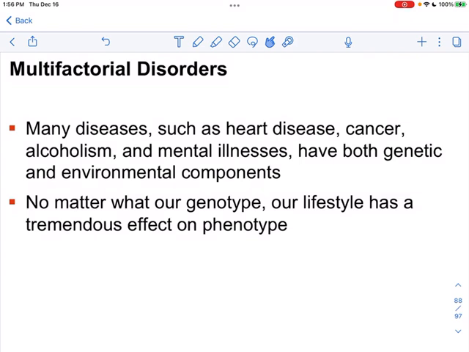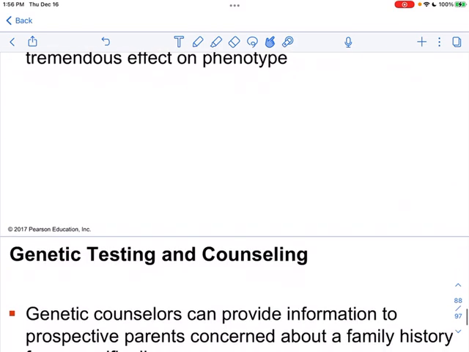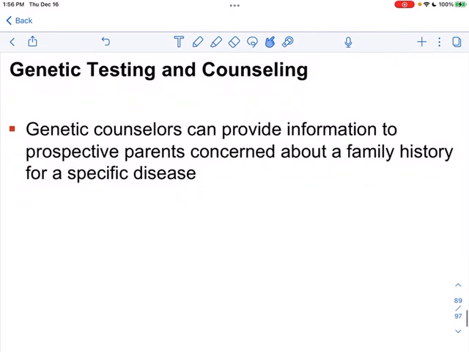So no matter what our genotype is, the lifestyle that we choose for ourselves does have a tremendous effect on phenotype. So in some cases, if you know that you have a family history, you can seek some counseling from genetic counselors to get more information about your specific genes before you have children.